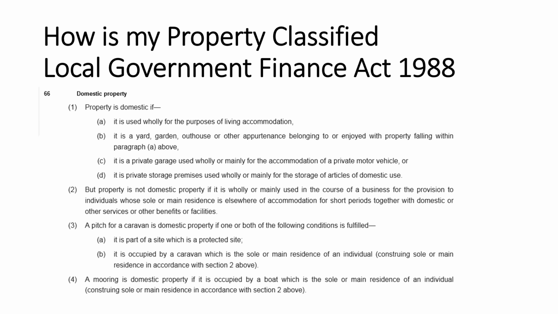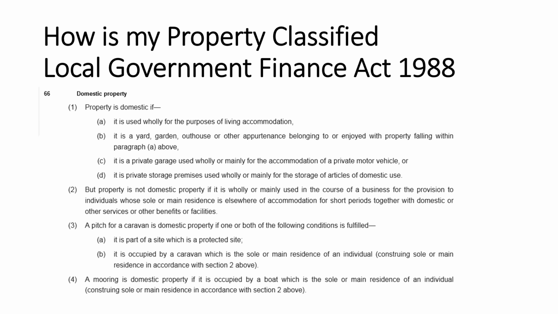And then C is a private garage, so they're differentiating between a private garage and one used for commercial, which would be in a public business. Anyway, it says a private garage used for the accommodation of a private motor vehicle. And then under D, private storage premises used mainly for the storage of articles for domestic use. So this again clarifies there is a difference between domestic property, which is your primary place of residence, and then non-domestic property, which would be commercial.